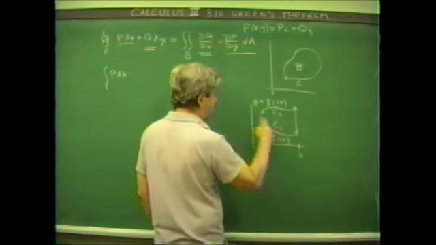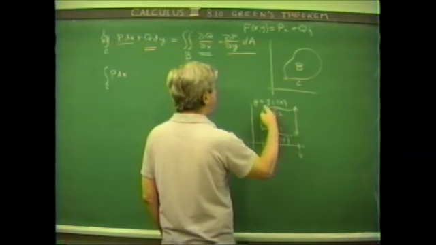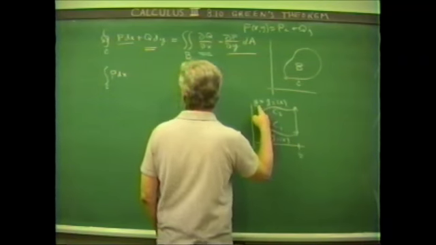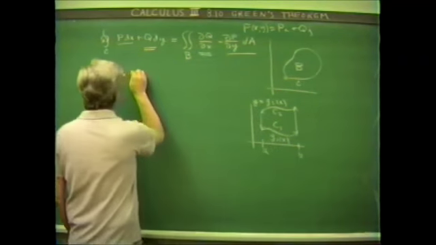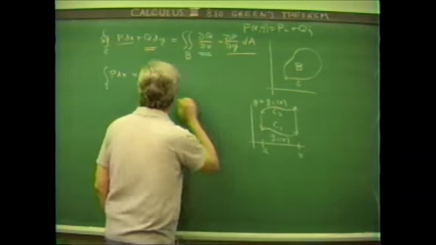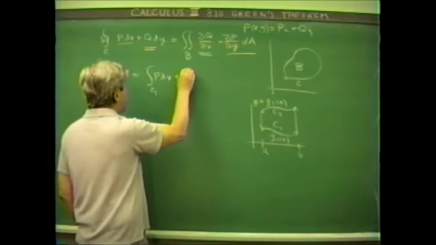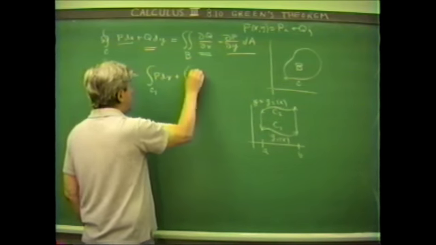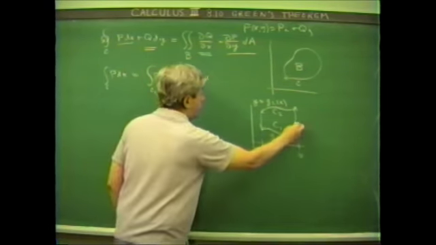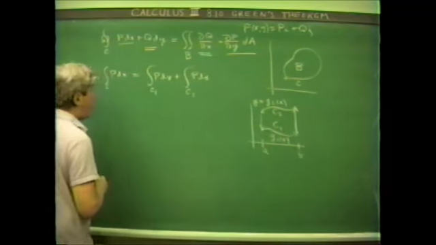These two curves here go upwards in the y direction, and when we write them, we're going to find that dx is 0, so that this is going to be equal to the integral along C1 of p dx plus the integral around C2 of p dx. These other two integrals here along these curves with dx equal to 0 are going to be 0.